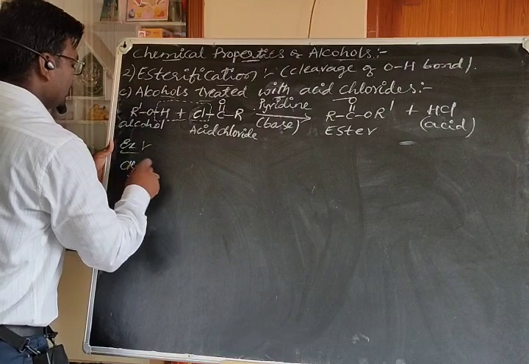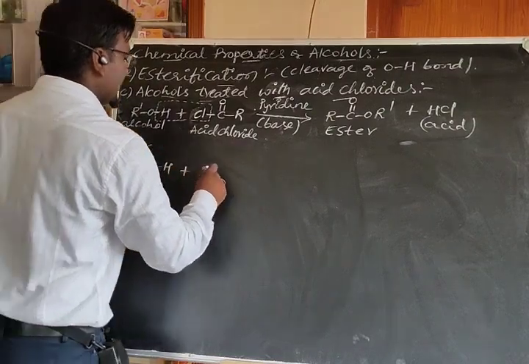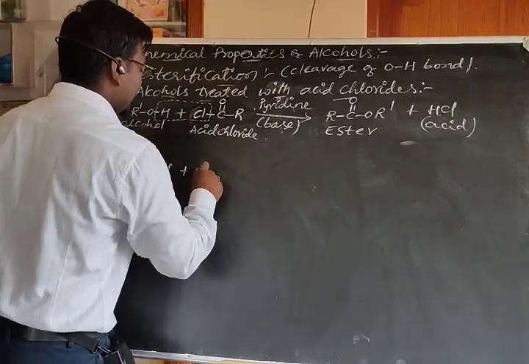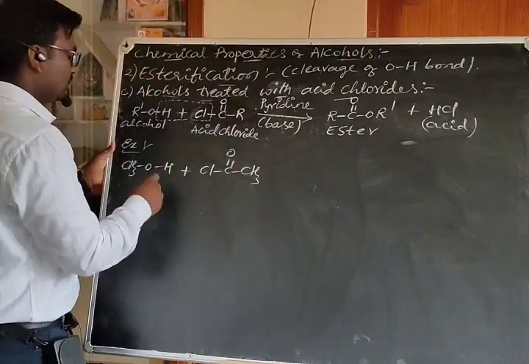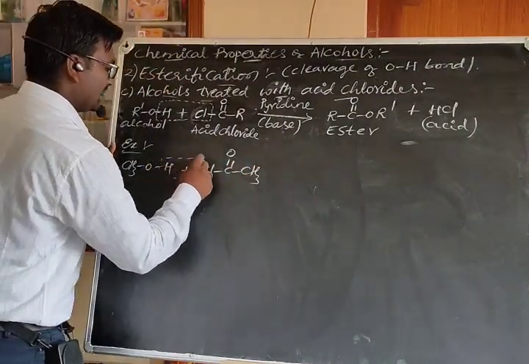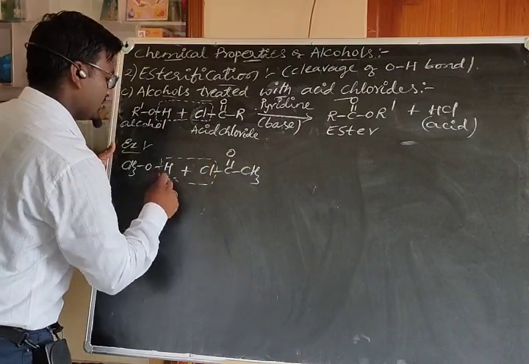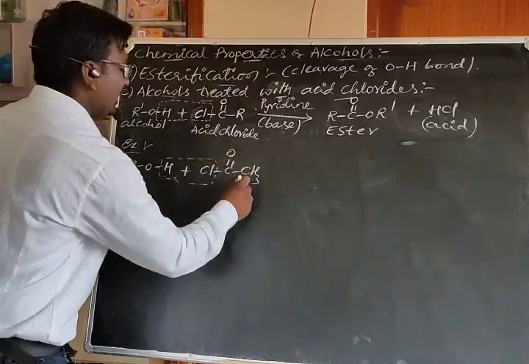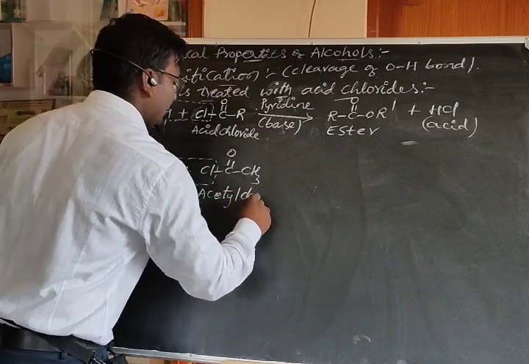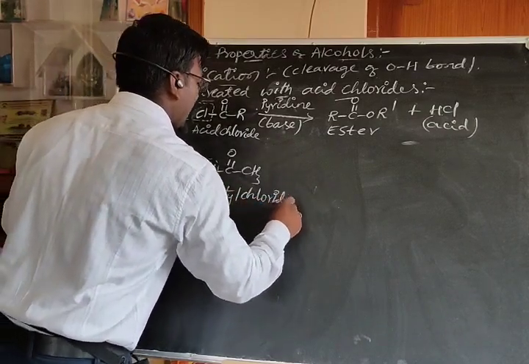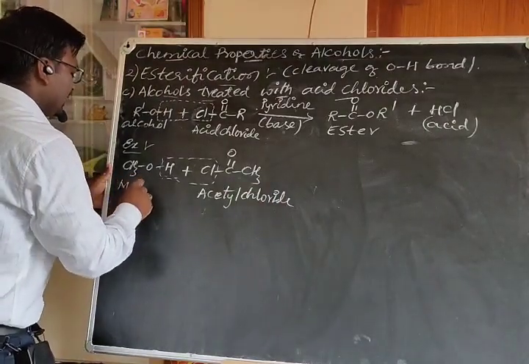Let's take a suitable example. Take CH3OH and CH3COCl, the representation being like this. This is acetyl chloride, and you know this as methanol.